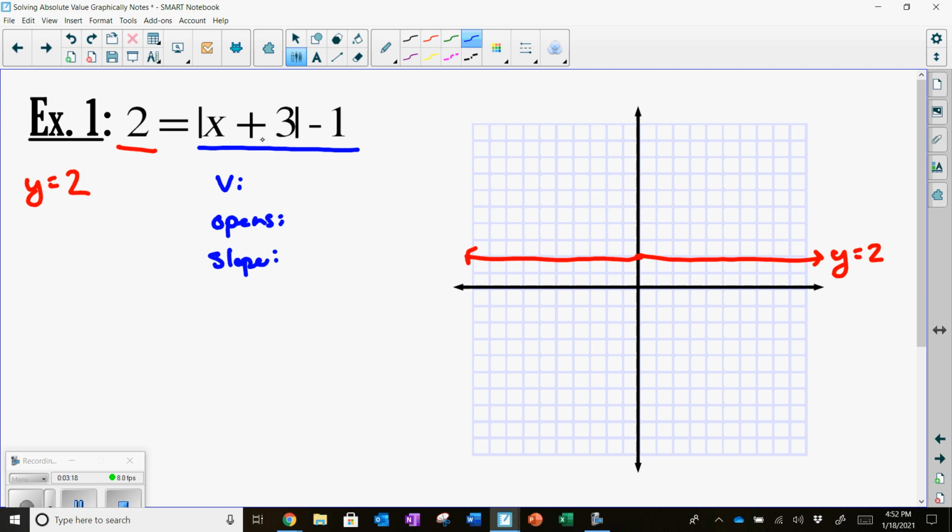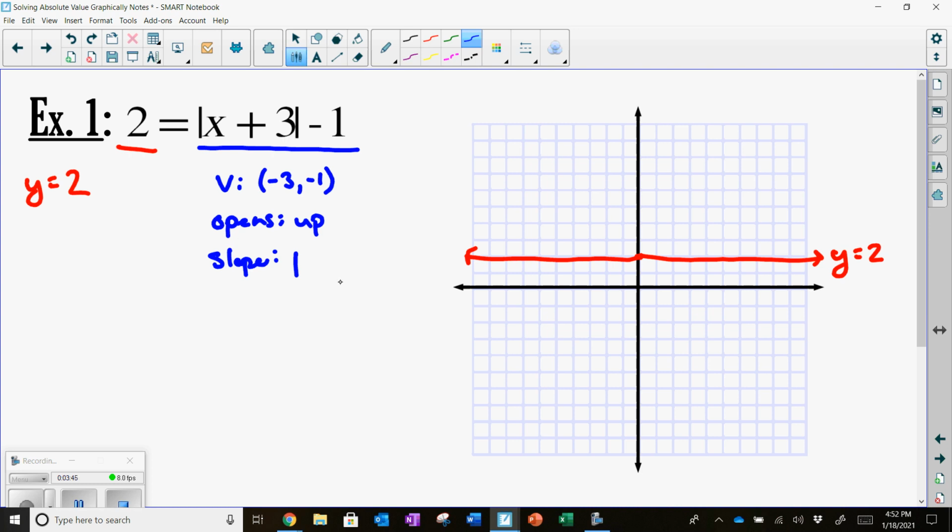So the vertex here is going to be the point -3, -1, because remember, it's always the opposite for the x value. It's going to open up, and how do I know that? There's nothing in front of the absolute value, so it's positive, so it opens up. And the slope is going to be just 1. Again, how do I know the slope is 1? Because there's an invisible 1 just hanging out right there.